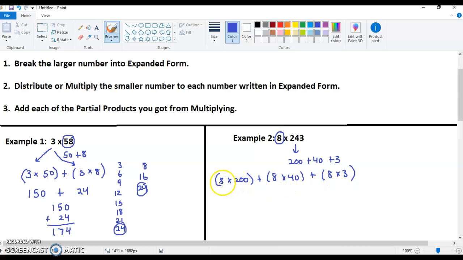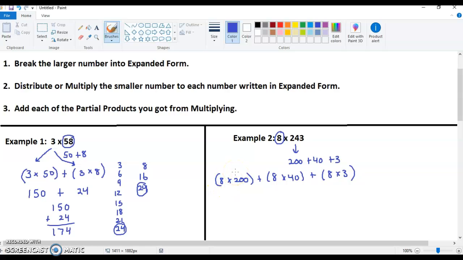But let's start over here. Let me ask myself, what's 8 times 2? I know 8 times 2 is 16, because I can say I have the number 8 two times. That's 16. Or you can go commutative. What if you read it as the number 200 eight times?